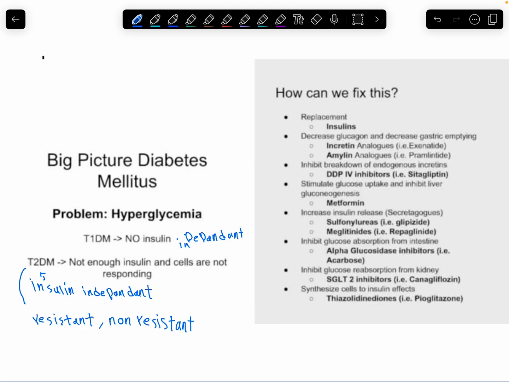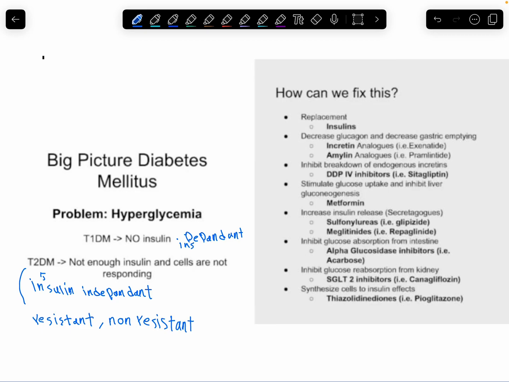Why are they suffering from type 2 diabetes mellitus? Here we say in type 1, there is no insulin, as I told you, absolutely no insulin. You should keep that in mind because it will help us when we discuss insulin in the treatment. The second one is that the insulin that is produced is not enough insulin.